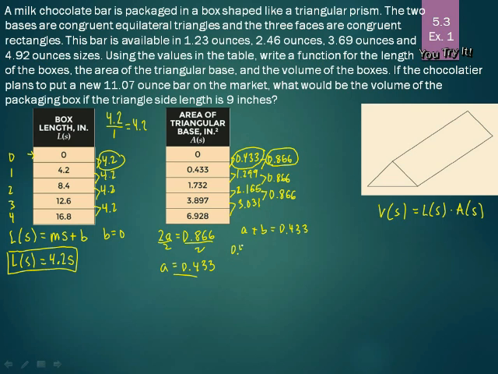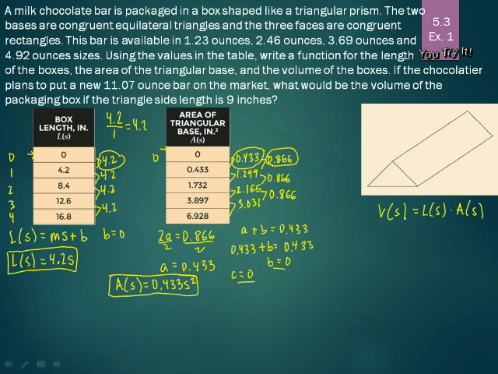Substituting A, we see 0.433 plus B equals 0.433. Well, B must equal 0 to make this equation work, because subtracting 0.433 from each side gives 0. And for our y-intercept, C, again on the first row, if S is 0, A of S is 0, so C is 0. Using that information, A of S will equal 0.433S squared. Since C and B are 0, that's going to be it.